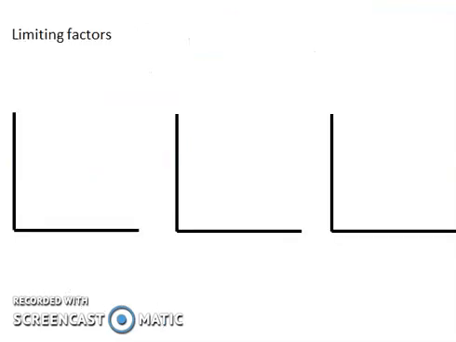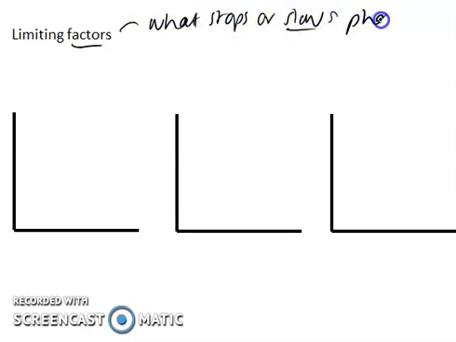So in your GCSE exam, you will be asked to talk about something called a limiting factor. And the limiting factor basically means a factor or something which will prevent the rate of photosynthesis happening. What stops or slows photosynthesis?